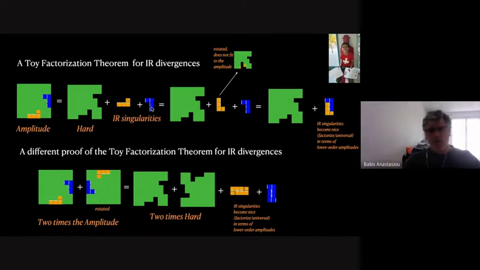The other thing the factorization theorem says is that these divergent pieces are actually nice. You can put them together in a nice way, and you will get things that you recognize from previous order amplitudes. So this is the idea. You take an amplitude, remove the divergences, and at the end, all of this organizes itself in a very nice way at all orders in perturbation theory.